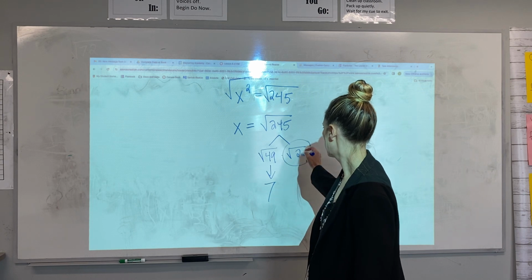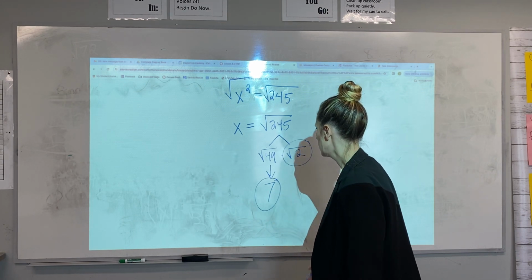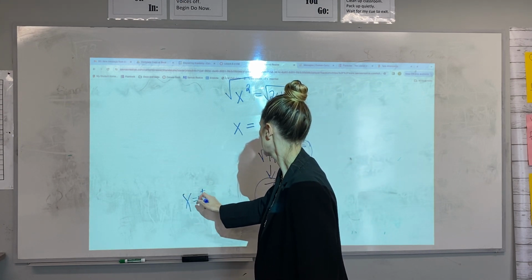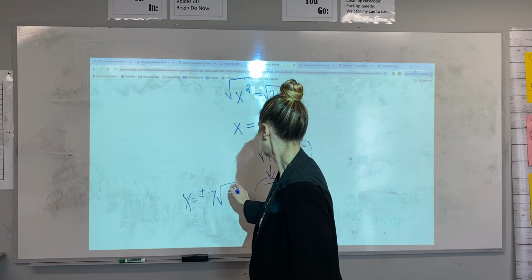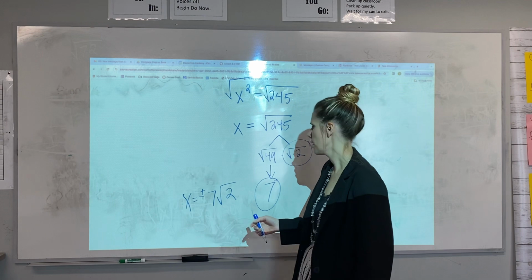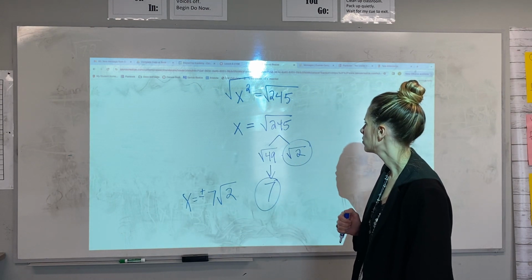And this cannot be broken down anymore. So your answer is, this is just a short way of writing it. It would be the positive version of 7 radical 2 and the negative version of 7 radical 2.